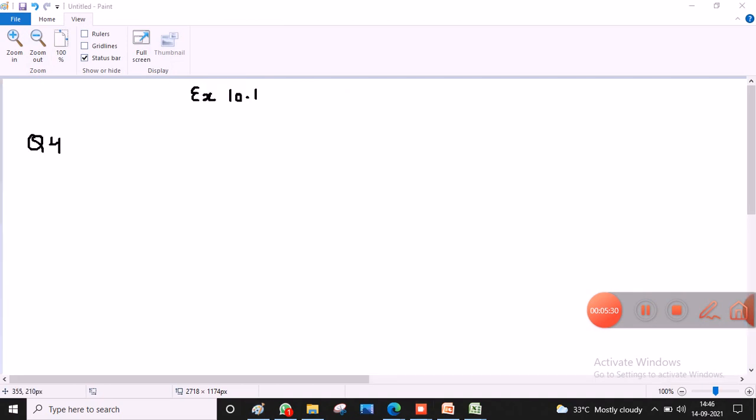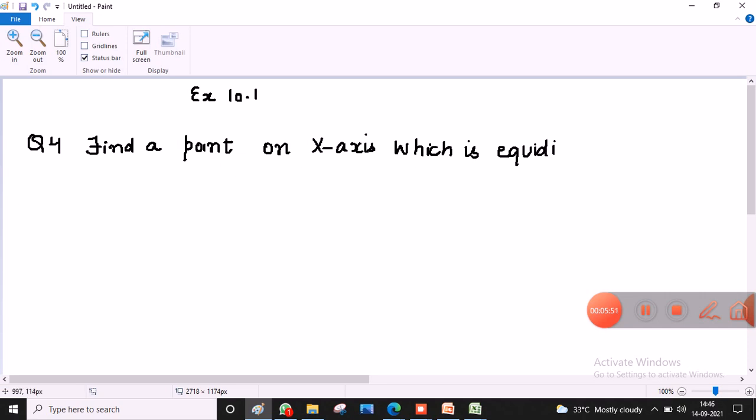Next question says, find a point on the x-axis which is equidistant from 7 comma 6 and 3 comma 4. We have 2 points, one is 7 comma 6 and the other is 3 comma 4.